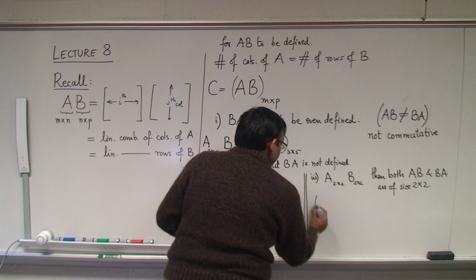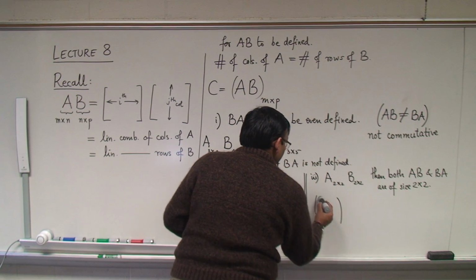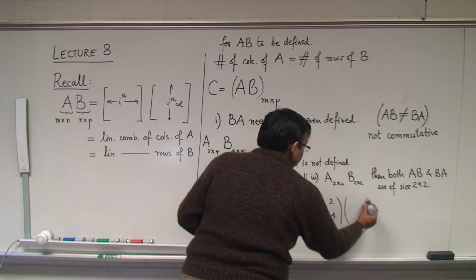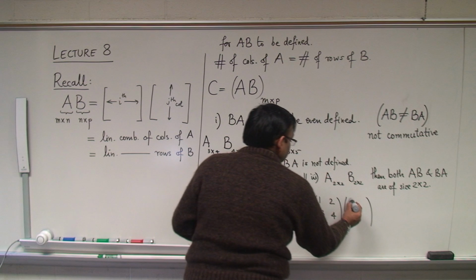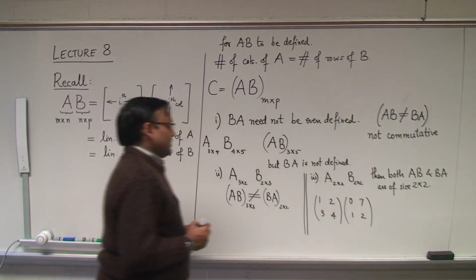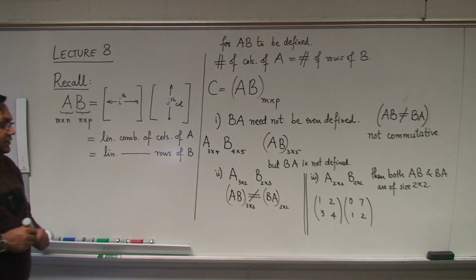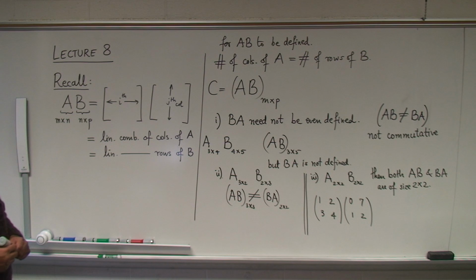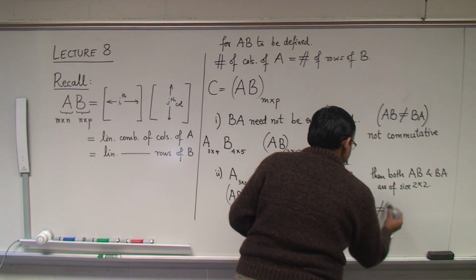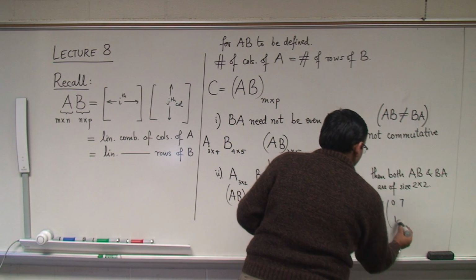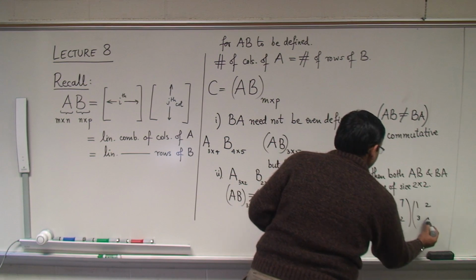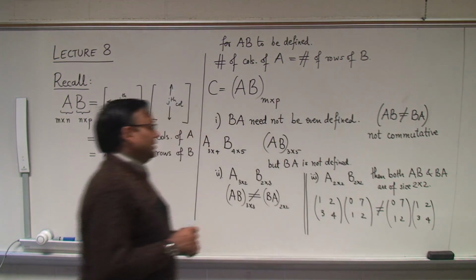You will see that if you pick any random matrix, unless you just happen to be picking a so-called diagonal matrix and stuff like that, you can check A times B will not be equal to B times A. So the chances of you picking two matrices which commute will be fairly low.